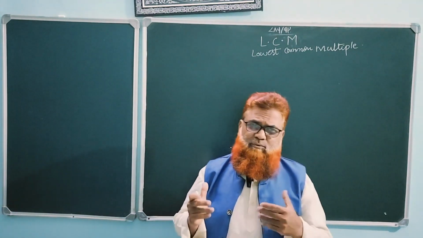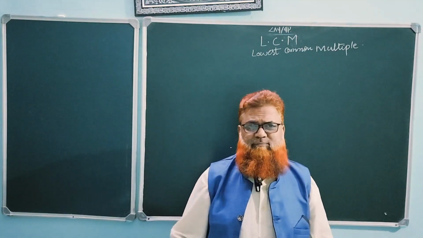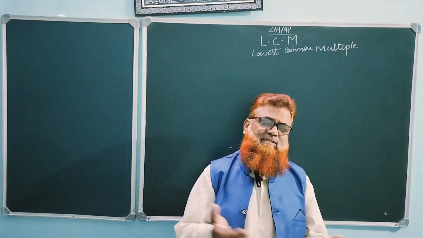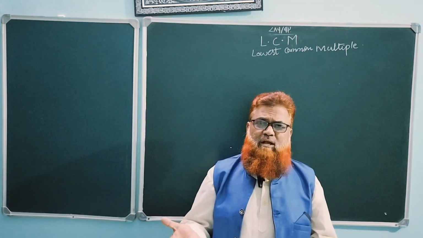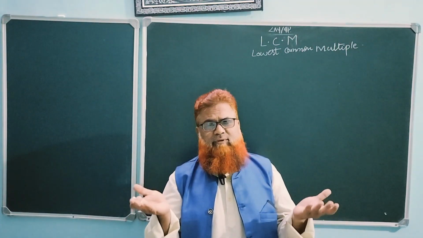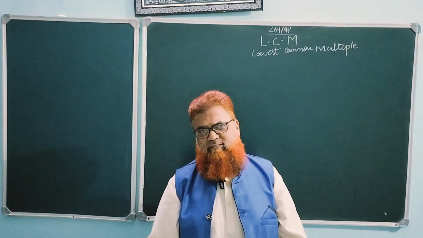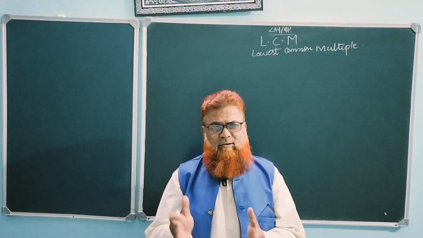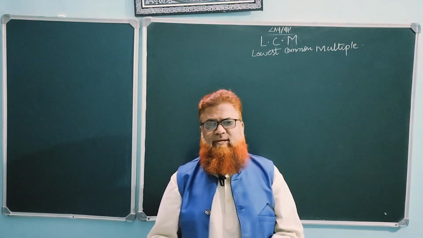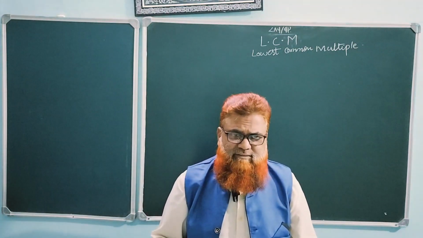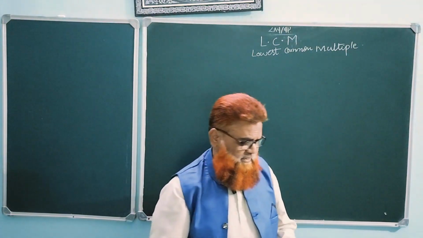We need to find the LCM first, because in rational numbers and fractions we come across denominators and their factors. That's why it is most important for us to know the LCM.